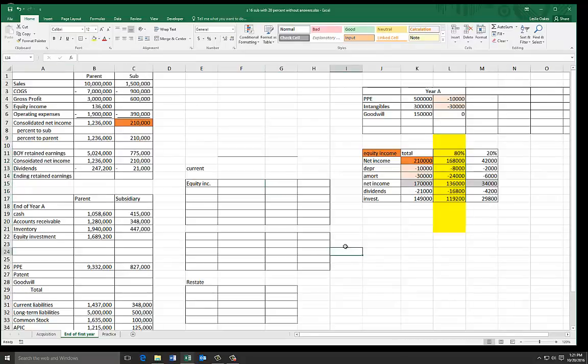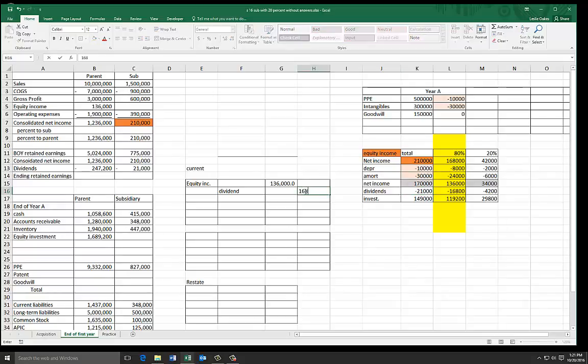So I'm going to stick with this column first. And we'll do the second column. And the equity income portion is 136,000. We have that temporary dividend account. The cash is still in the consolidated, so we don't really have dividends. If you go down here, you can see that 16,800 is the share of those 21,000 in dividends.